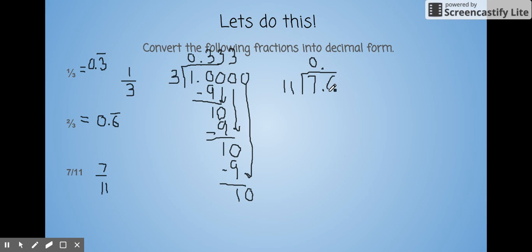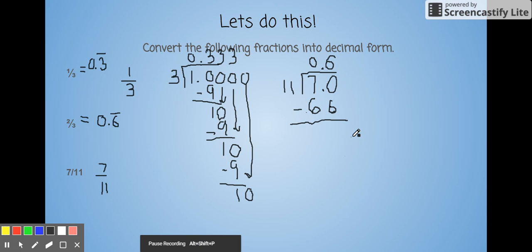So now I'm going to add a 0. I need to think how many times 11 can go into 70. And it can go in a total of 6 times, and 11 times 6 is 66. So now I'm going to have to subtract.